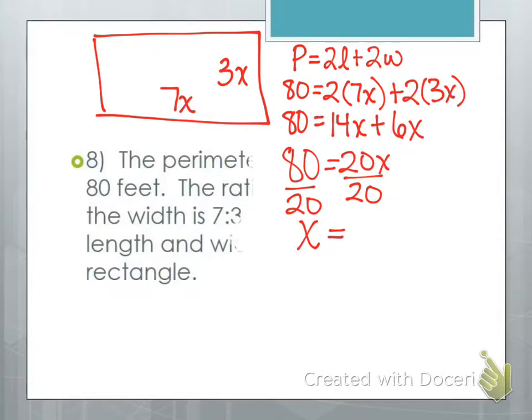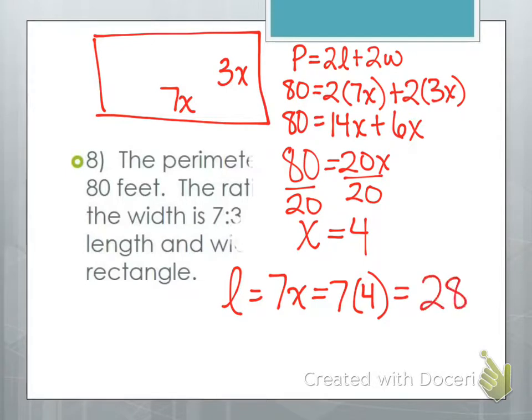What do we get for x? X equals 4. Okay, but I didn't just want to know what x equals. I want to know what the length and the width are. So in this case, the length we represented with 7x. So we take 7 times 4 and we get 28.